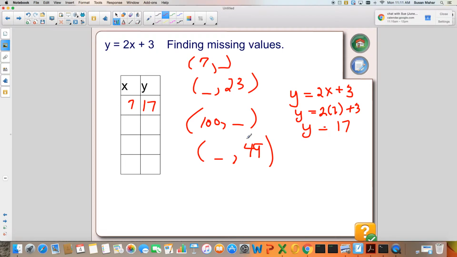All right, and the next one, we know the y value, but we don't know the x value. So we know that 23 is equal to 2x plus 3, which is the $3 set rate that everybody that gets in the cab is going to pay. So let's get rid of that 3, and this will become 20.